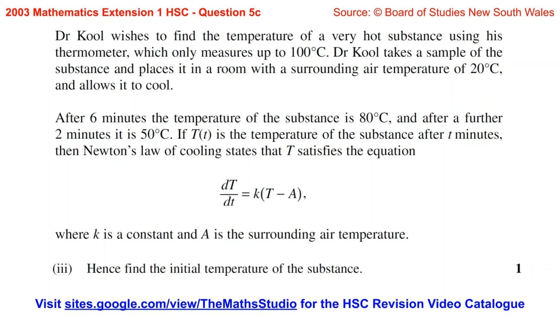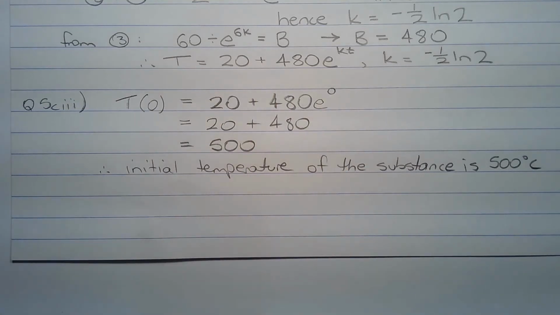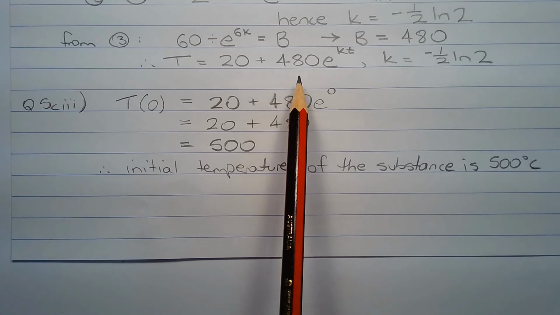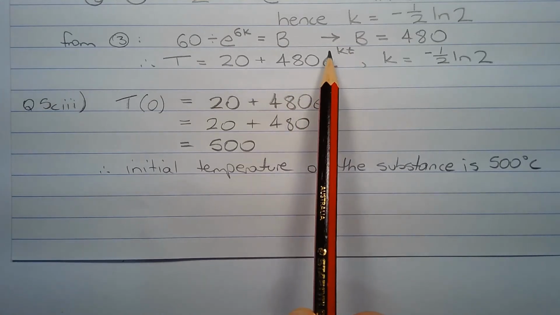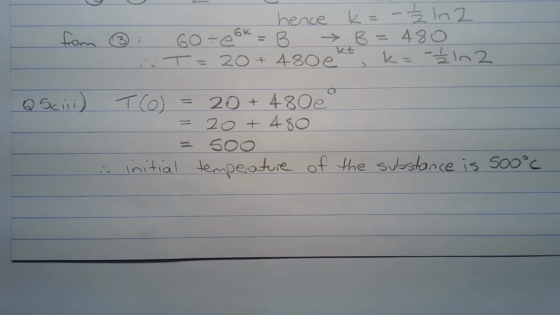Part 3. Hence find the initial temperature of the substance. Now that we have the equation from part 2, which is the temperature T is equal to 20 plus 480 times e to the power of kt, where k is equal to negative half times ln of 2, we can now find the initial temperature.